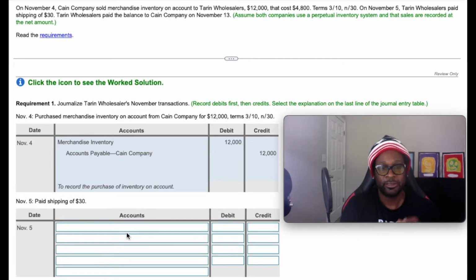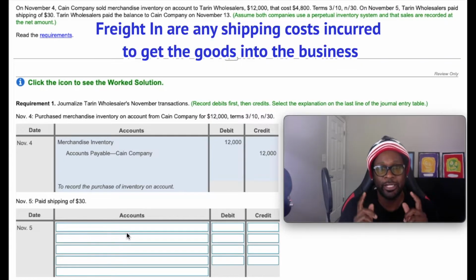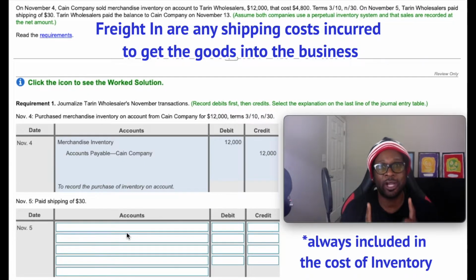Next it tells us on November 5th, paid shipping of $30. Okay gang, so who paid the shipping charges? Terran paid the shipping charges. So we have to recognize whether this is freight in or freight out. The rule of thumb tells us that any time that you pay for shipping charges to get the goods into the company, we consider that to be freight in. And freight in is always included in inventory.